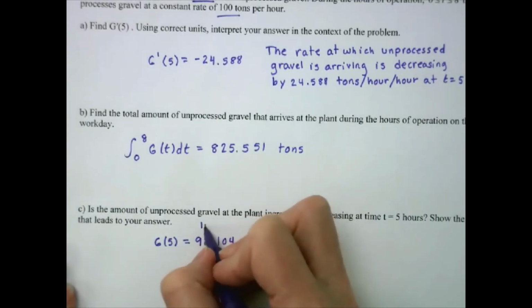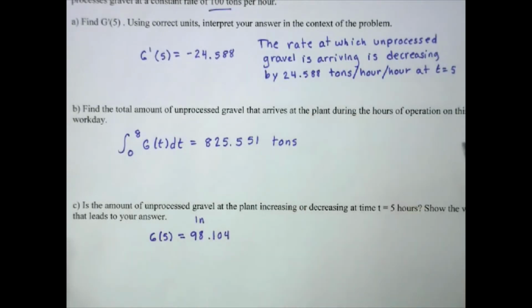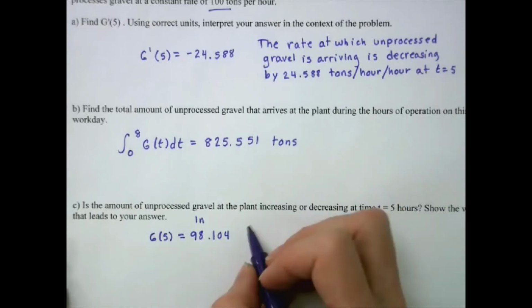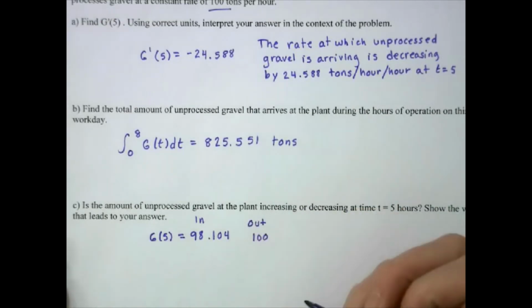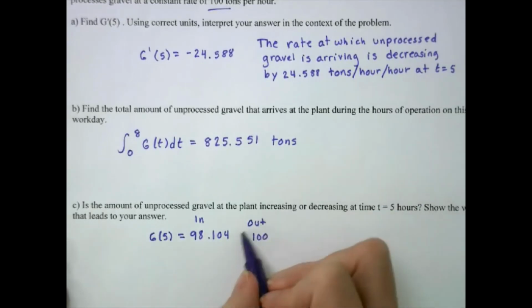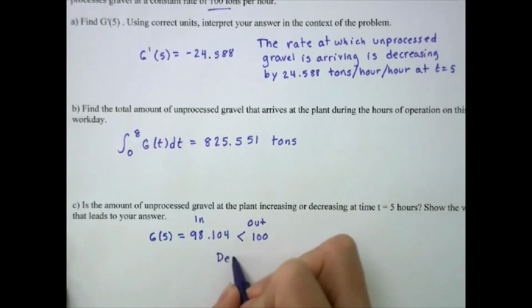So it's going in at 98.104. Well, how much is it processing? Well, it's processing, and I'm just going to say out, at 100 tons per hour. So since they're processing faster than it's coming in, the amount is decreasing.